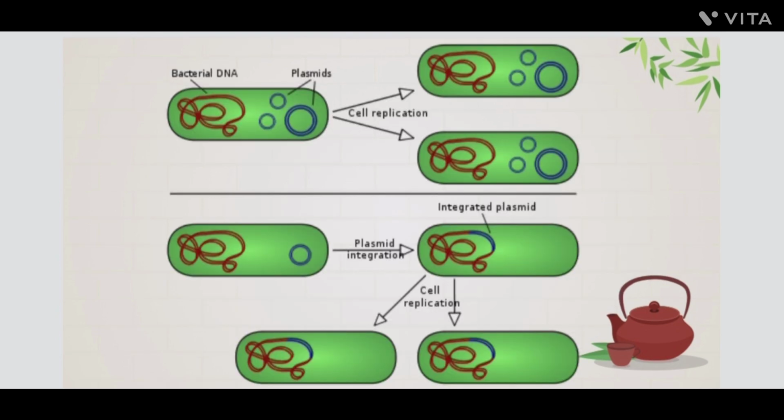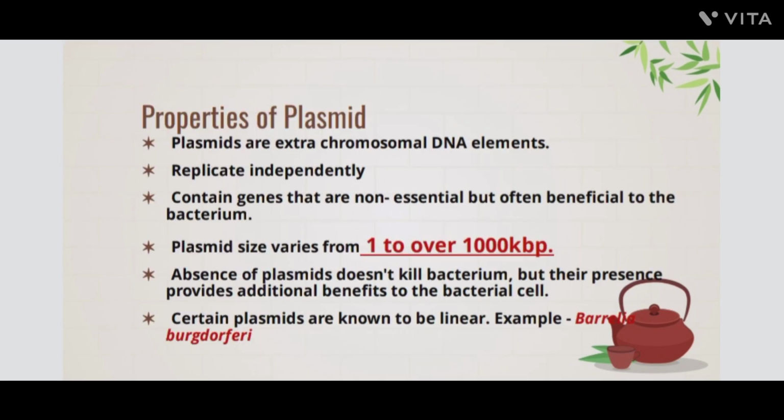And this diagram represents conjugation or sexual reproduction in plasmids. Here plasmids are transferred to the second cell, and both cells become positive or male cells.